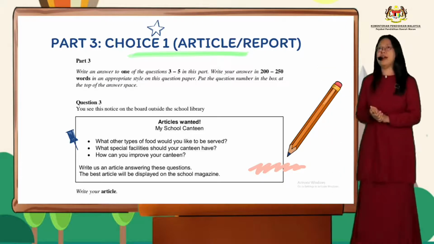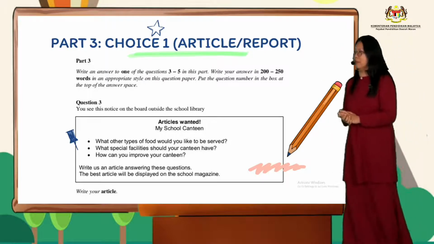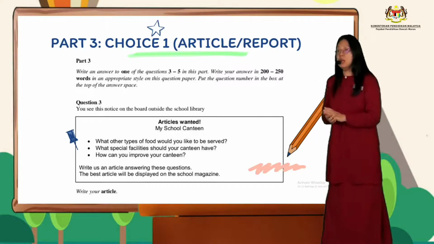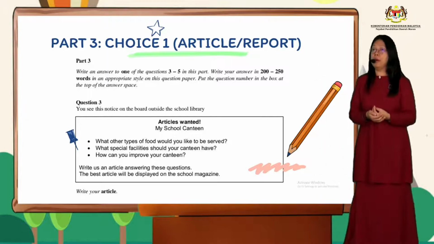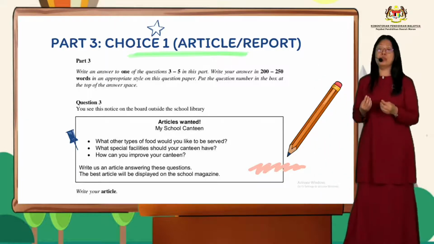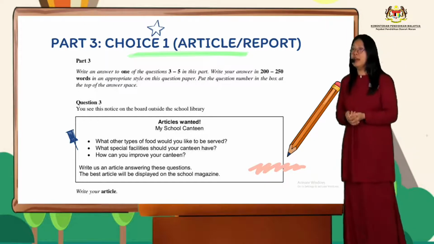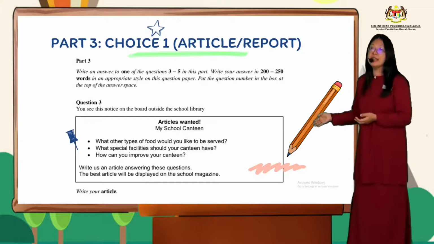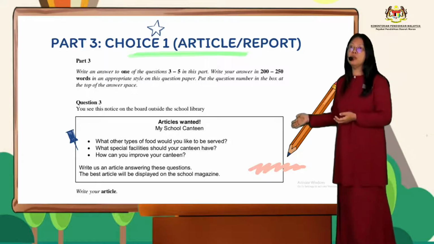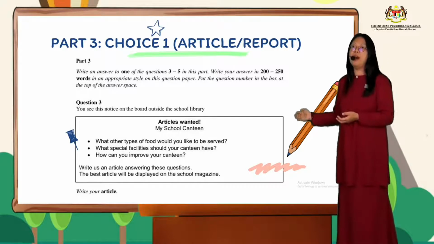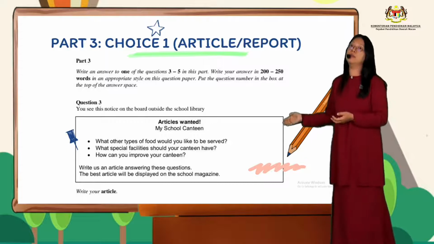Here we have an article. For an article or report, you need to use the correct genre or format. Here it says that the best article will be displayed on the school magazine.